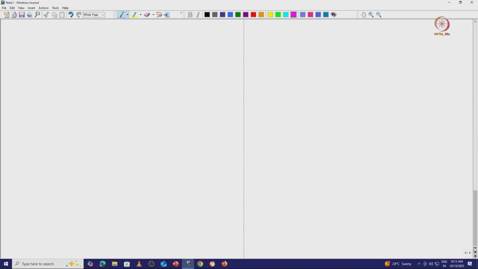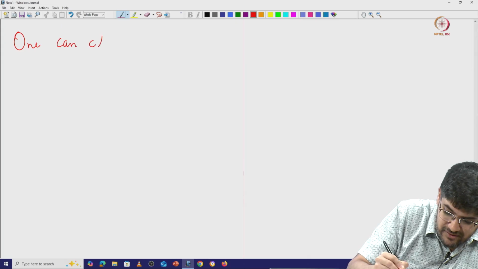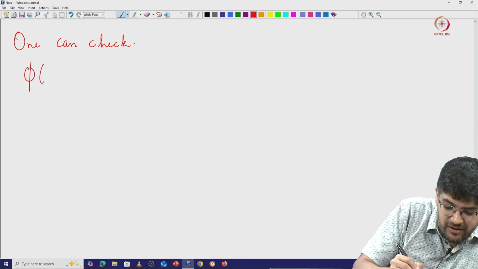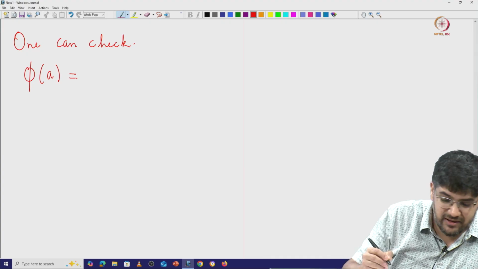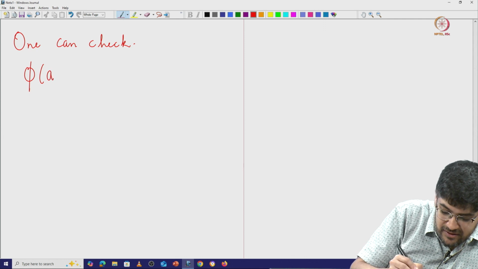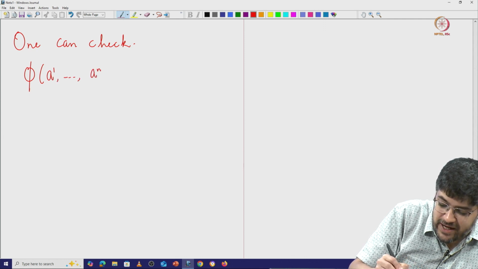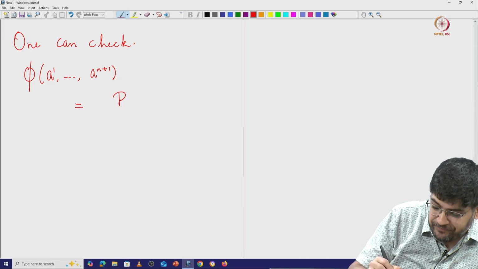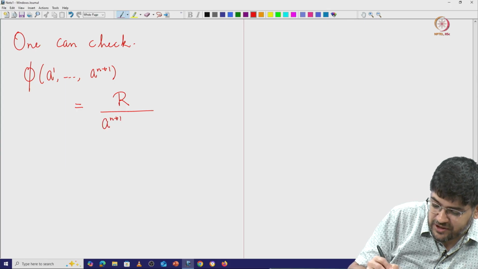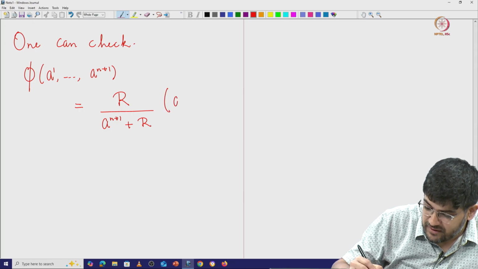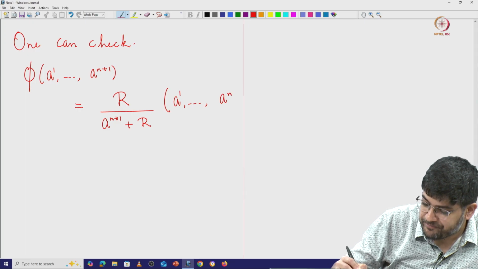So by elementary geometry, one can check that phi of A, so maybe let me write down the components. So let us say your point A has the components A1 to An plus 1. This map is given precisely by R divided by An plus 1 plus R times A1 up to An.